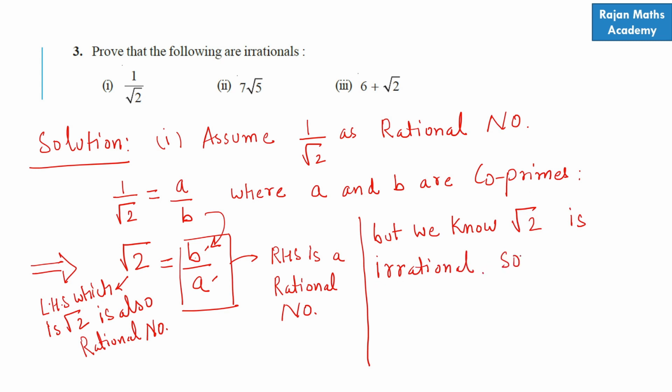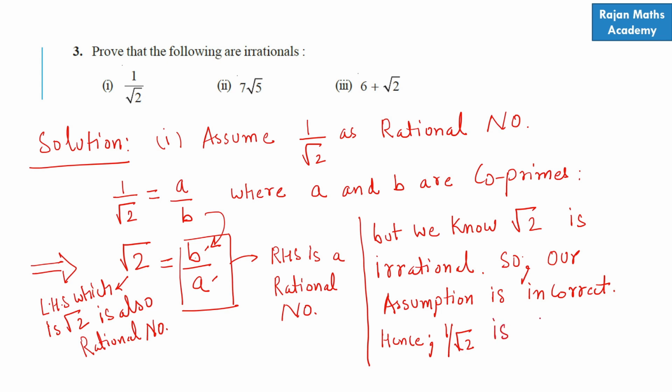So our assumption is incorrect. Hence 1 by root 2 is irrational.